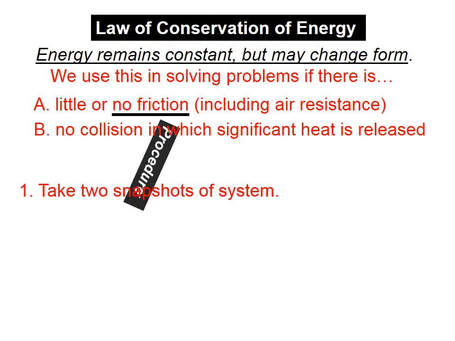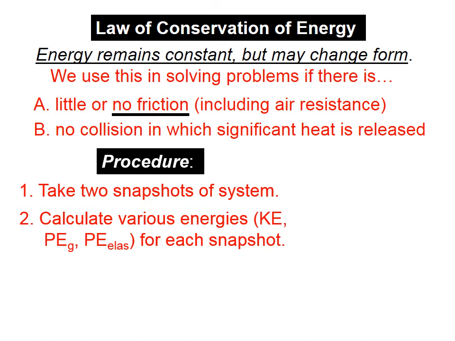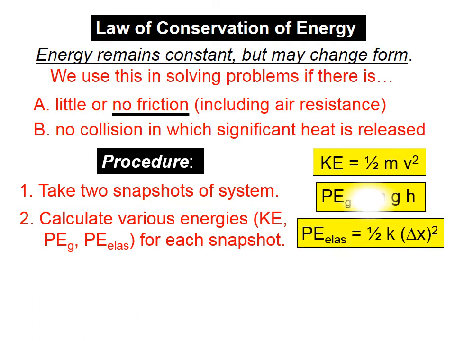Here's the procedure that we're going to use in this lesson and several after that. First, we're going to take two snapshots of the system: one when the system is in one state of affairs, and another when it is in a different state of affairs. Secondly, we're going to calculate the various energies, namely kinetic energy, gravitational potential energy, and elastic potential energy, for each snapshot.